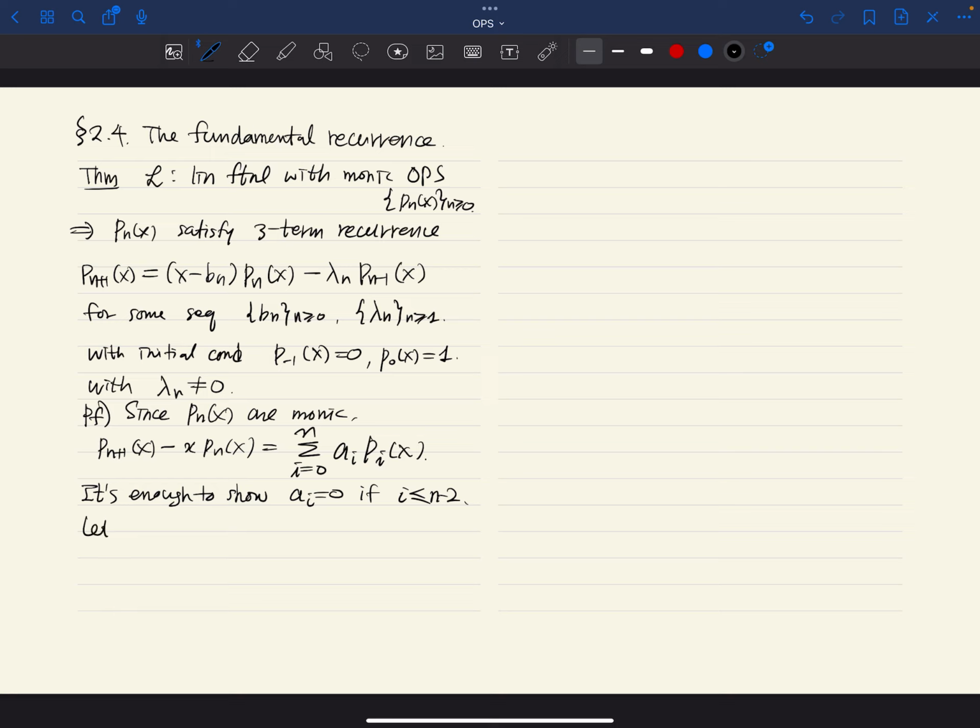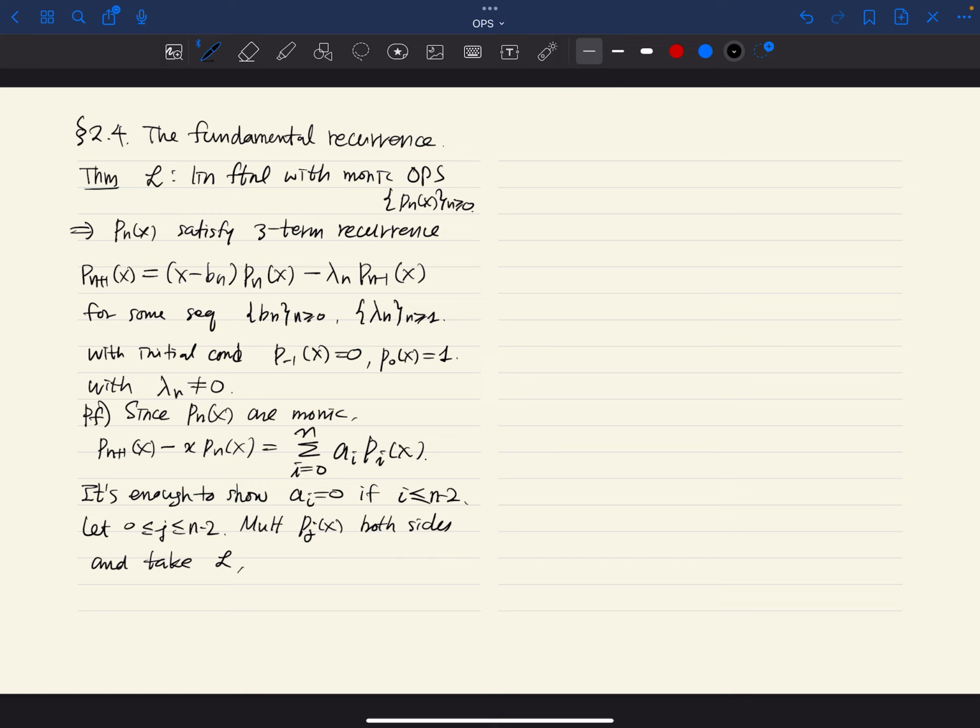So let's say j is from 0 to n minus 1. Take our common technique, multiply by P_j on both sides, and take the linear functional.